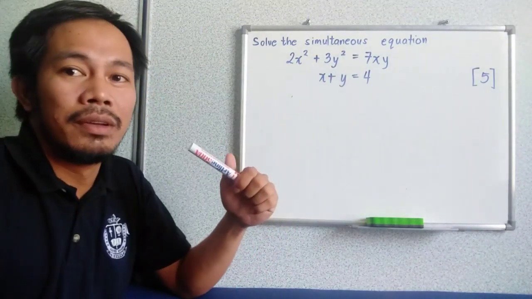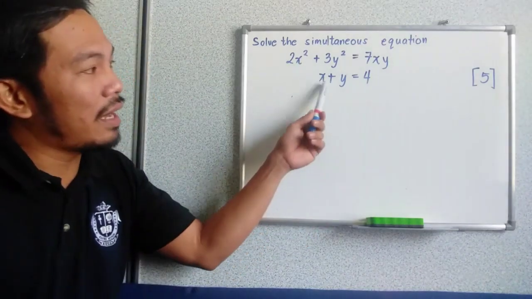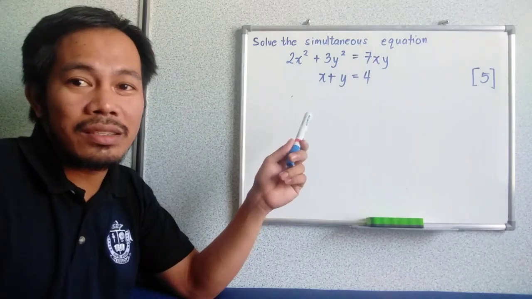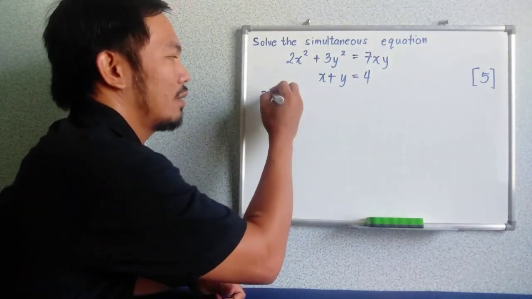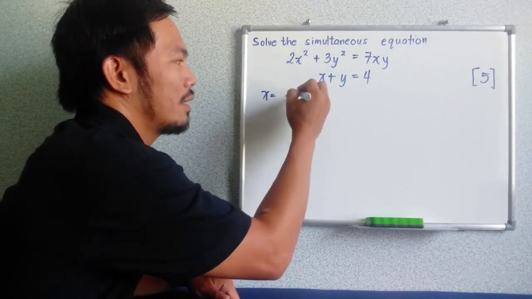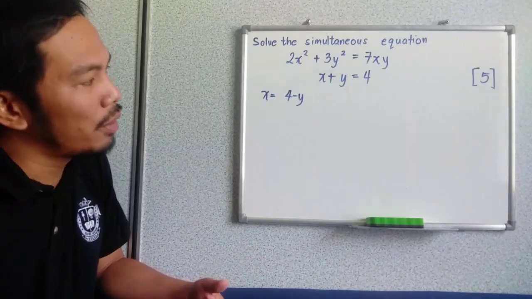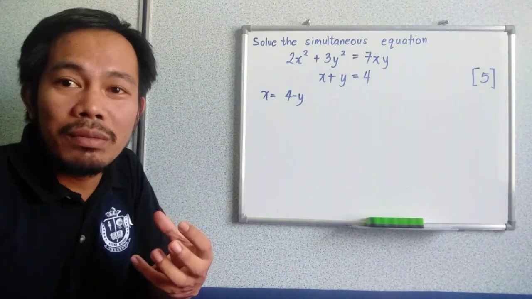So I can isolate either x or y. For me, I'll choose to isolate x. So x is equal now to 4 minus y.